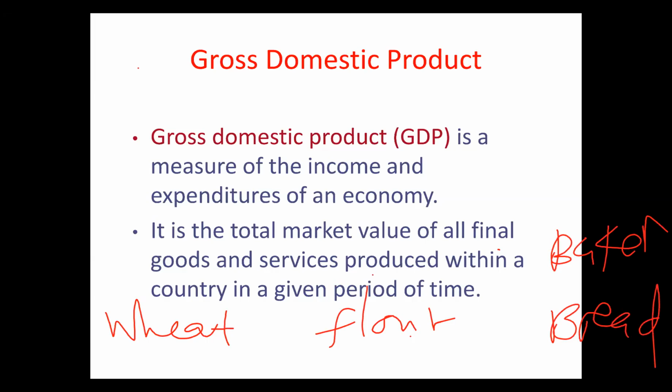You're following the chain, right? We have a farmer, we have a miller, we have a baker. So a farmer produces wheat and sells the wheat to the miller. Let's say the farmer sells wheat at 30 kwacha.